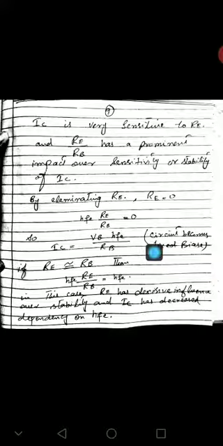So with an increase in RE, stability increases but gain decreases. But with a decrease in RE, stability decreases but gain increases. So at the cost of gain in the four resistor bias circuit, we attain stability.